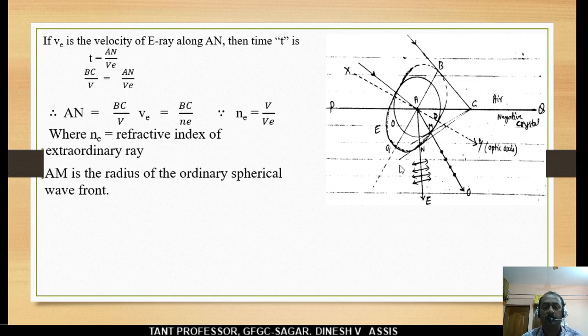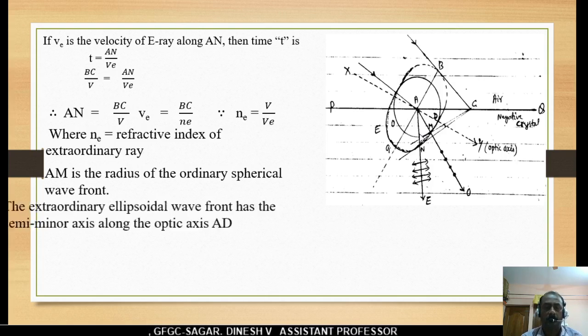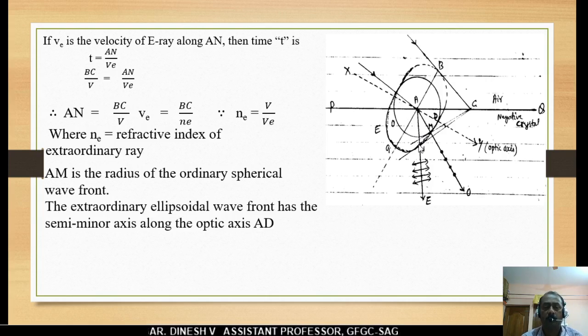AM is the radius of the ordinary spherical wavefront. The extraordinary ellipsoidal wavefront has the semi-minor axis along the optic axis AD. Here XY is the optic axis of the crystal, and AD is the semi-minor axis.